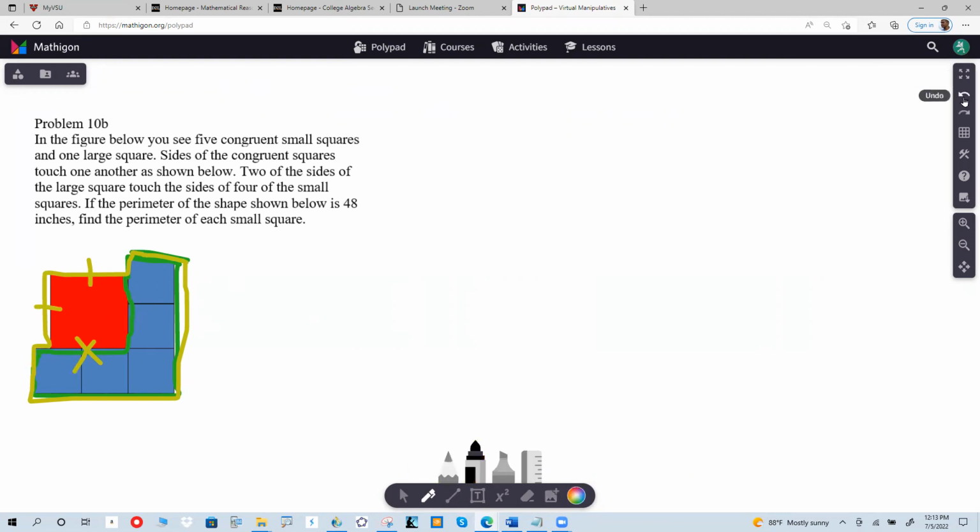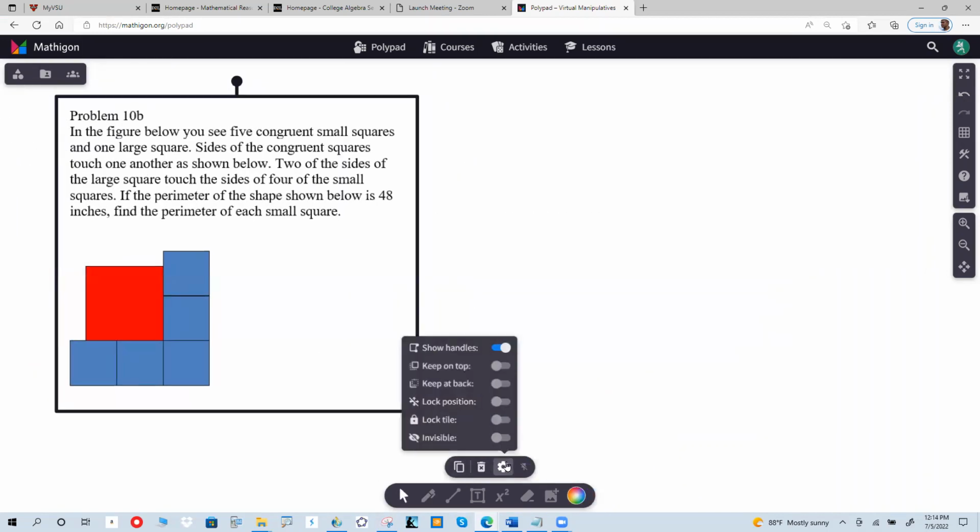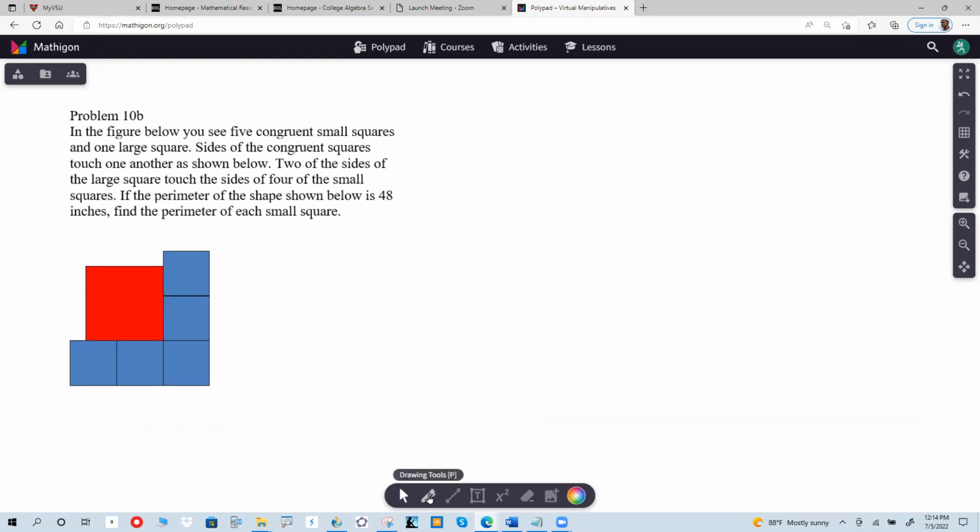Let's erase everything. Let's fix this guy here. You really have to understand that the perimeter of this shape, this blue L-shaped polygon, is 48.